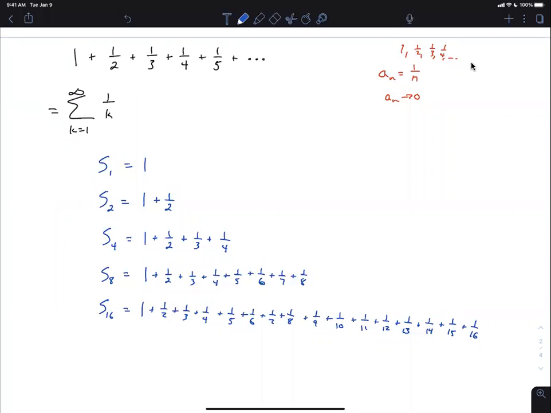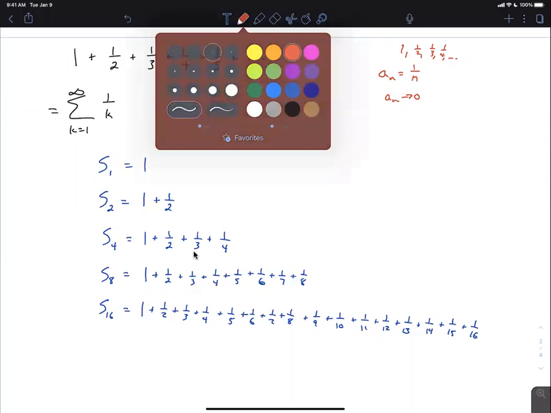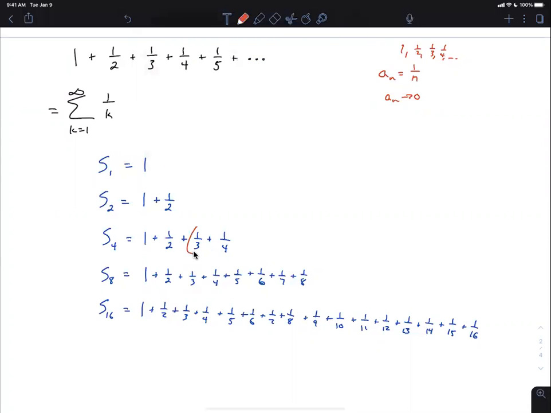So I'm going to start looking at S4. Okay. And I'm going to group these. So of those two, which is the smaller fraction? Is 1/3 or 1/4 smaller? 1/4. 1/4 is smaller. So, okay, 1/3 plus 1/4 is bigger than 1/4 plus 1/4.